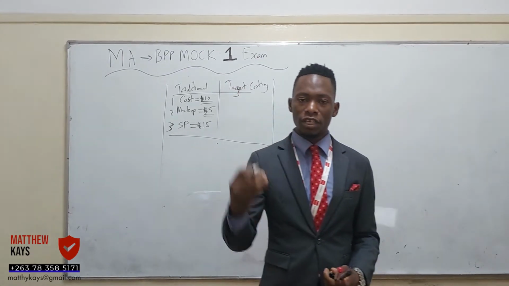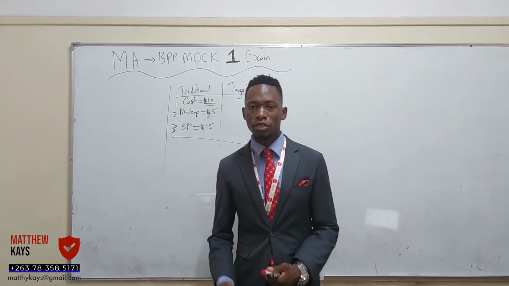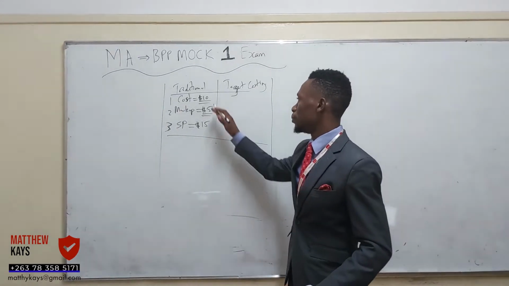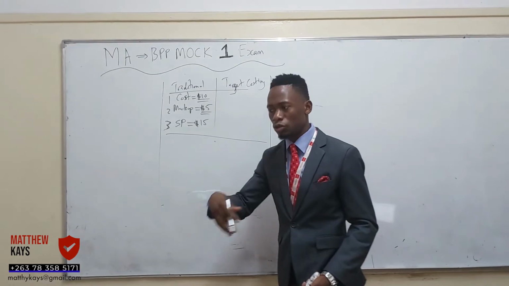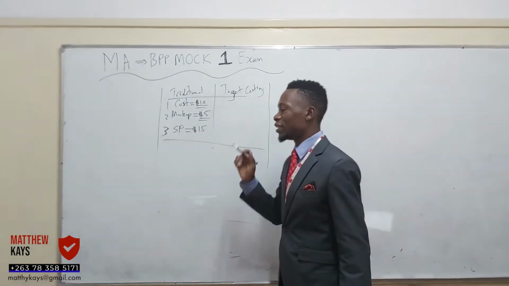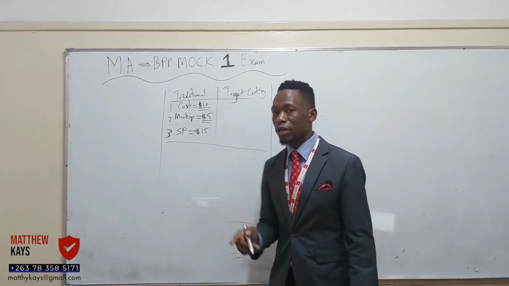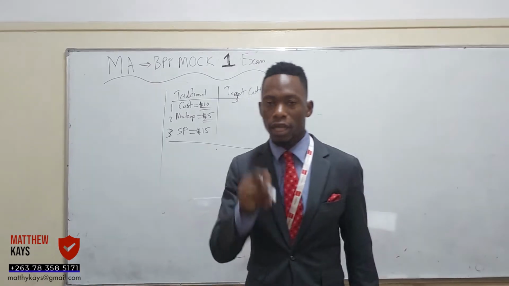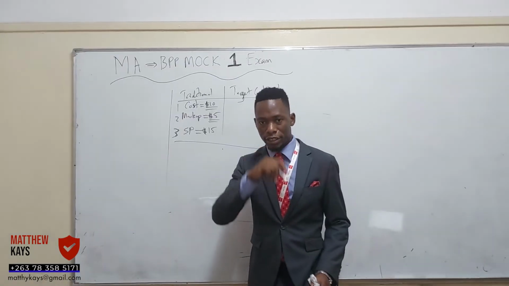But the disadvantage of this method is that it does not encourage cost saving. You will not save on cost because even if the cost is high, you don't care, since you set a price above the cost. But there is a challenge, because you might end up charging a price that is above that of your rivals, your competitors.